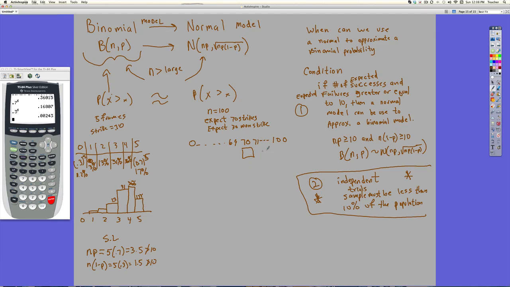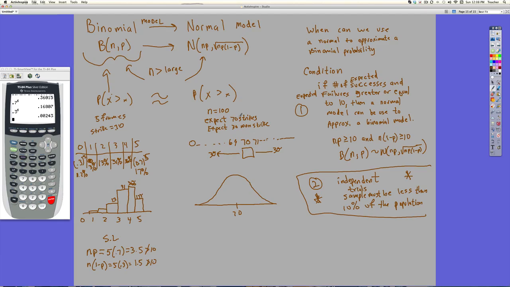If you go 3 standard deviations this way, and 3 standard deviations this way, it actually works out that this is normal. If you could visualize a normal graph, in the middle we'd have 70, because this is what we expect.